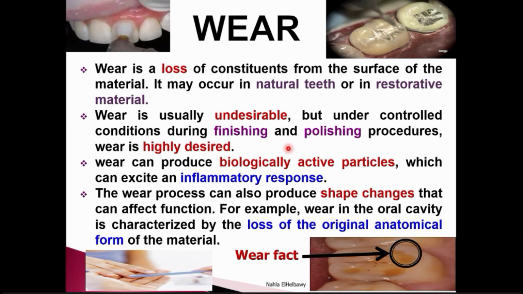So due to this friction, the material surface is lost due to rubbing. So this loss of surface is called wear. For example, you put a 5 millimeter long crown, but after grinding for 5 years, it will remain 4 millimeter. So we have 1 millimeter wear.